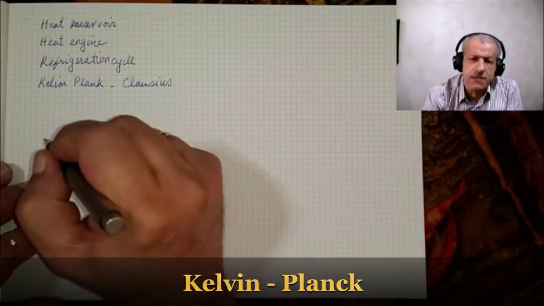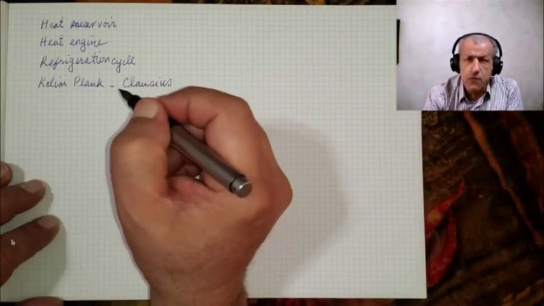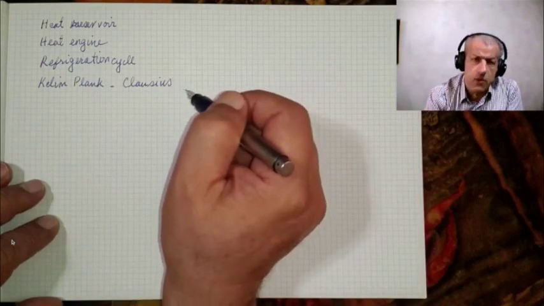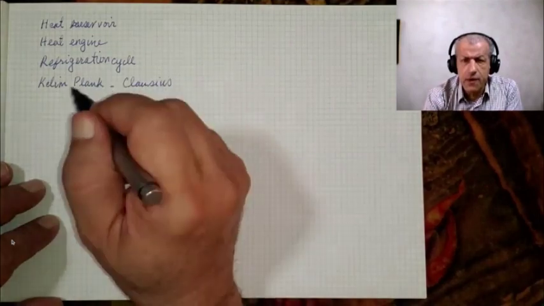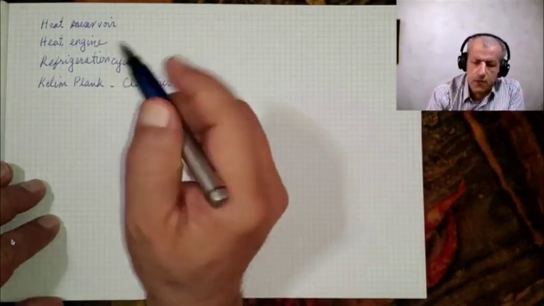It is impossible. So after that, we prove that if one is wrong, the other one is wrong, and if the other one is wrong, this is wrong. So we go to a pattern very different from where we ended up with the first law.